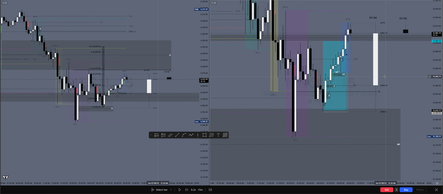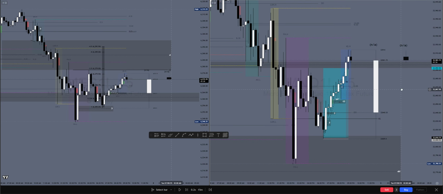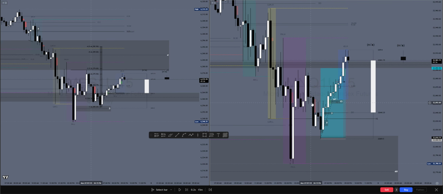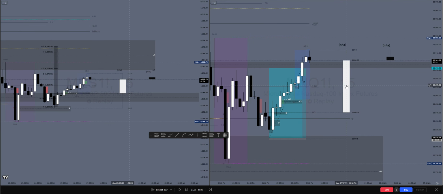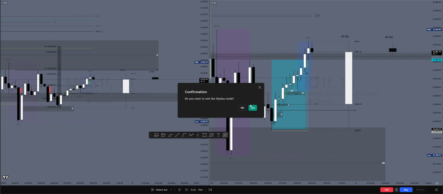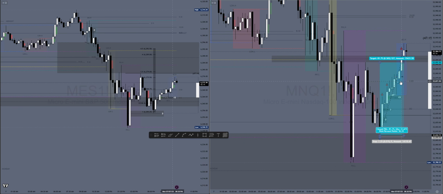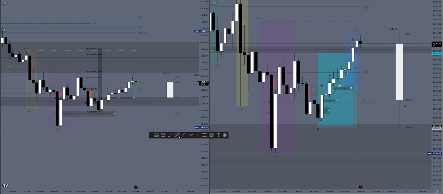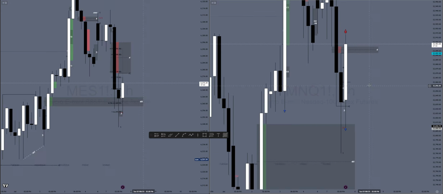With the 15-minute, again, we have all this liquidity. This is where my partials for my profits were at. That proved to me that we had all this resting liquidity that needed to get tapped into, which gave me more confidence in the trade in general.